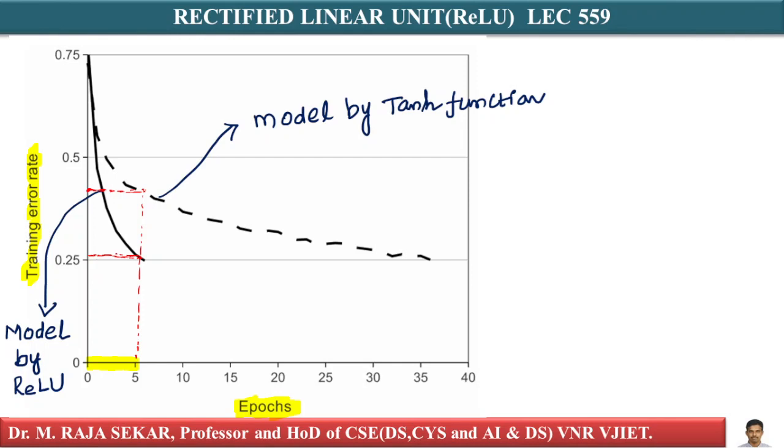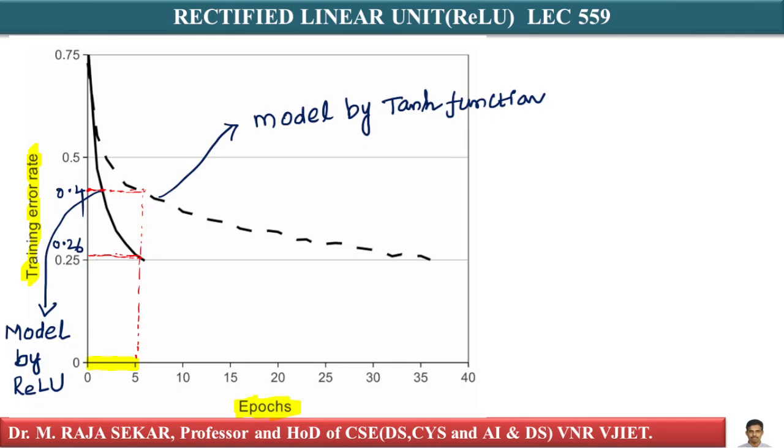For tanh, you have a training error of almost 0.4, but for ReLU, the error is probably 0.26, which means for the same number of epochs, we have much lower training error using ReLU, because ReLU converges faster.